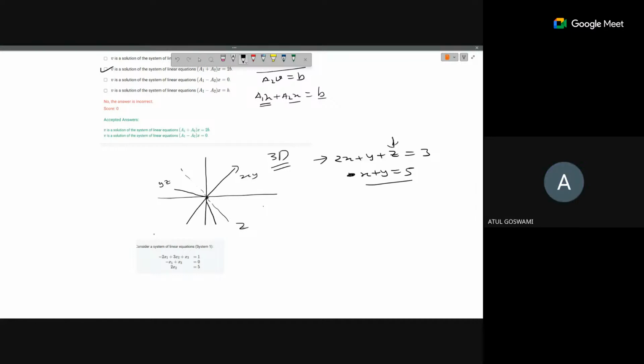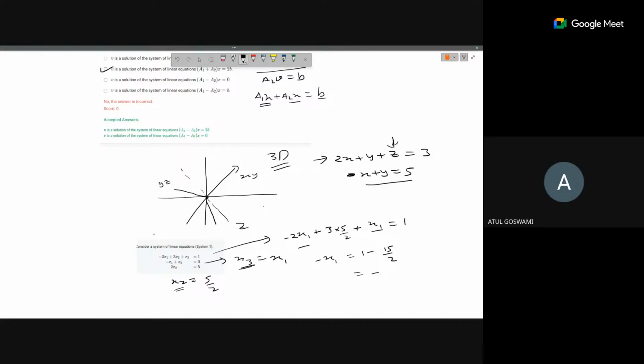Okay. So these are the three equations. What I'm saying is, you have x2 equals 5 by 2, right? And from the second equation, you have x3 equals x1. From the first equation, you take the value of x3: minus 2x1 plus 3 times x2, where x2 is 5 by 2, plus x3, equals 1. So now with x1 and this, it is minus x1, and 1 minus 15 by 2.